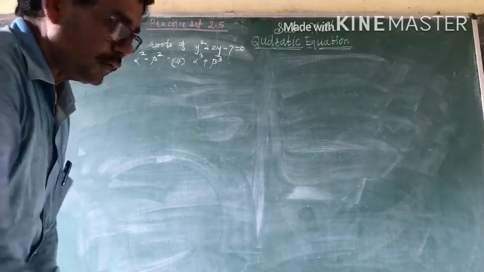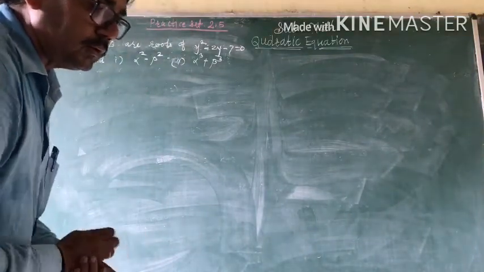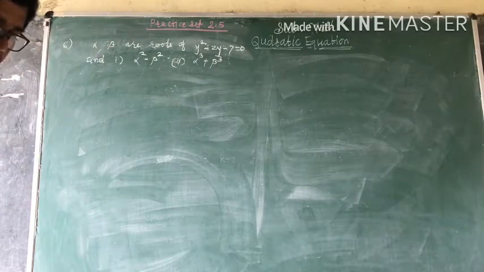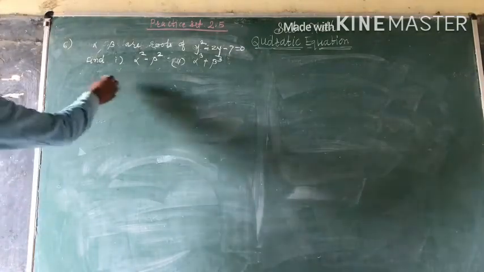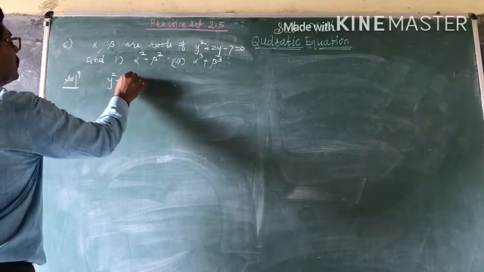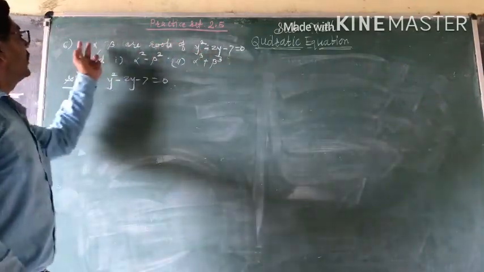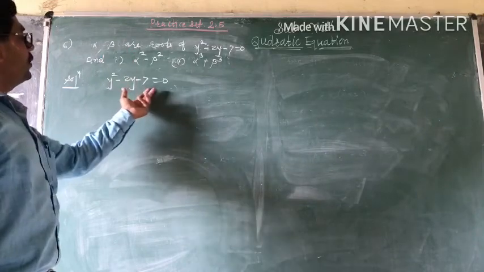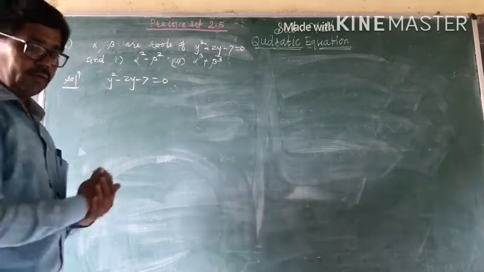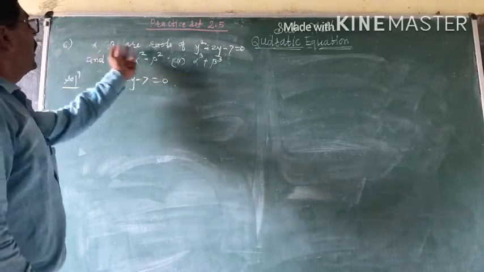You have been given the quadratic equation y square minus 2y minus 7 is equal to 0, and the roots of this equation are alpha and beta. Now we have to find out what alpha and beta are.